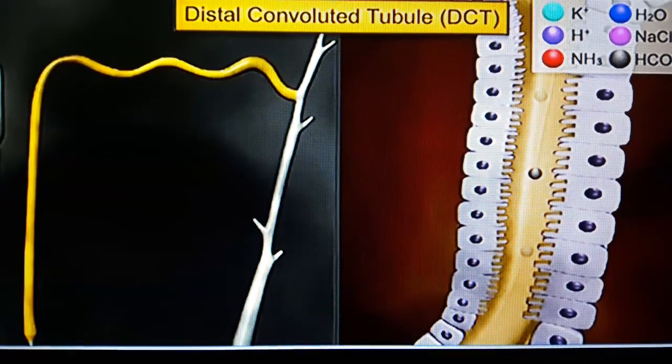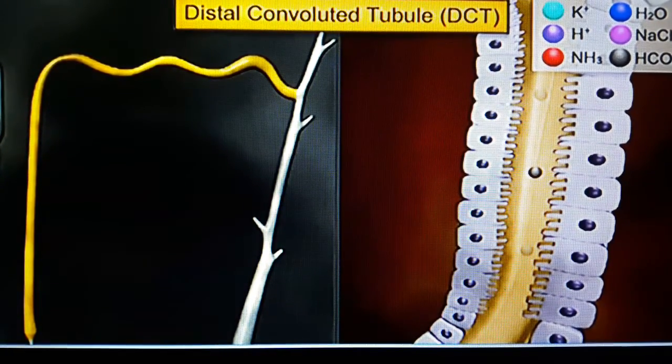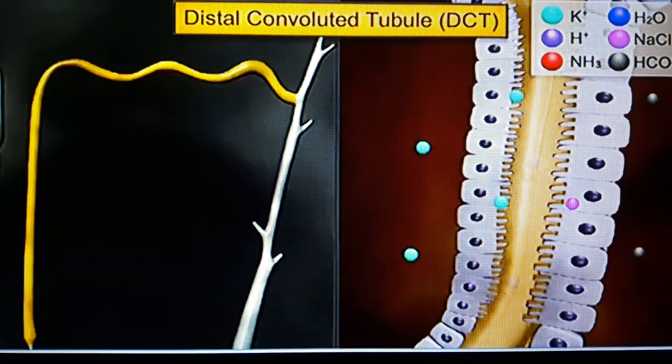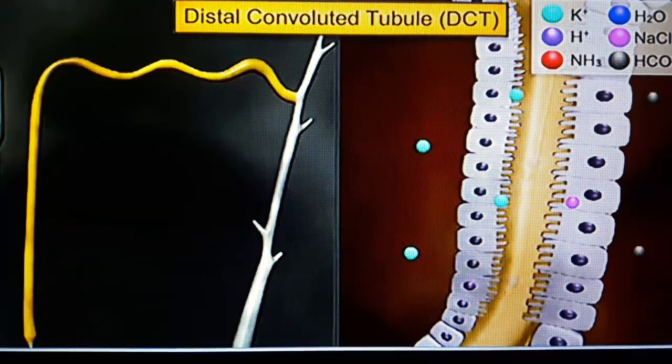Now we'll talk about the third point, tubular secretion. As the reabsorption of useful substances from the filtrate to the blood takes place, just the reverse takes place in tubular secretion. Most of the tubular secretion occurs in the distal convoluted tubule.